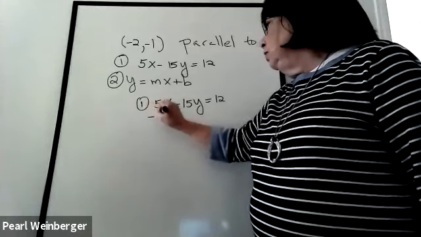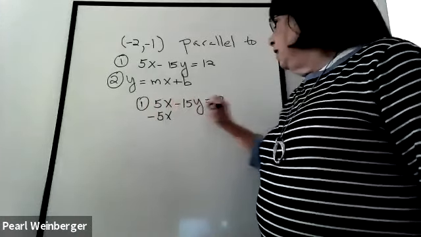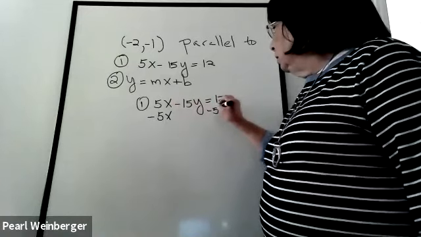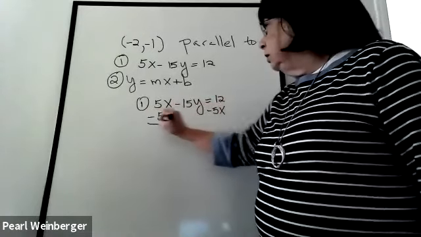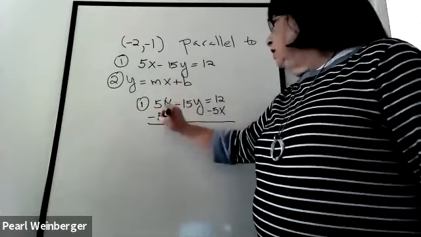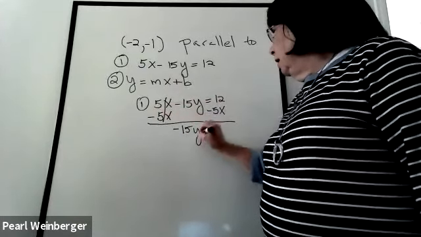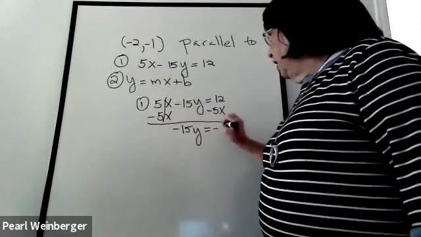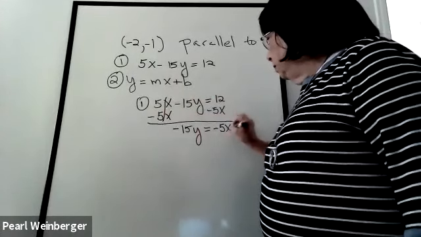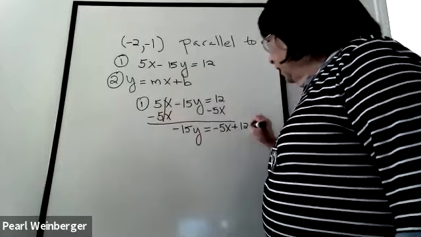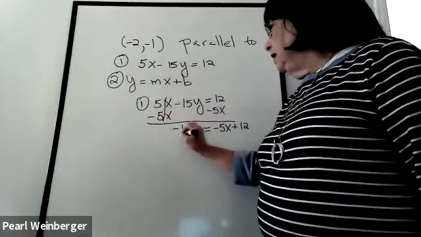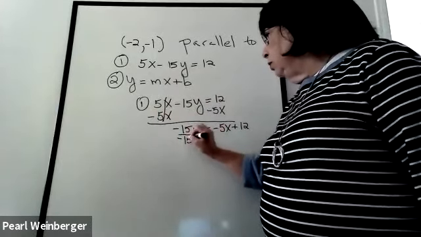So the first thing I'm going to do is subtract 5x from both sides, which will give me -15y equals -5x plus 12. And then I'll divide everything by -15 to get the y alone.